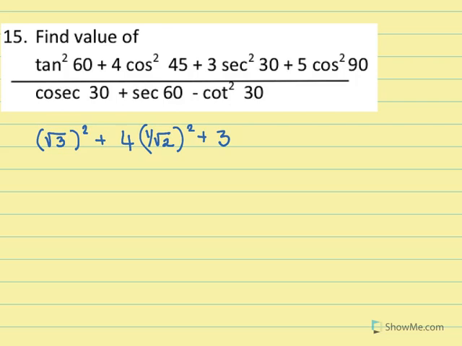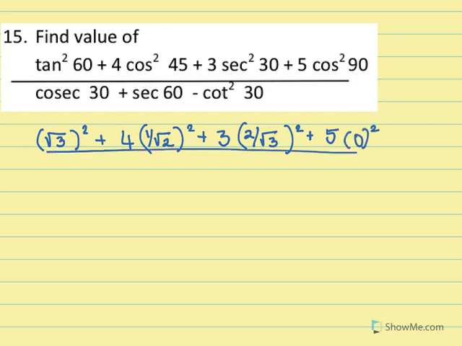Now for sec square 30 it will be 2 over root 3 the whole square, plus 5 cos square 90. Cos square 90 is 0, over cosec 30. Now cosec 30 is 2.